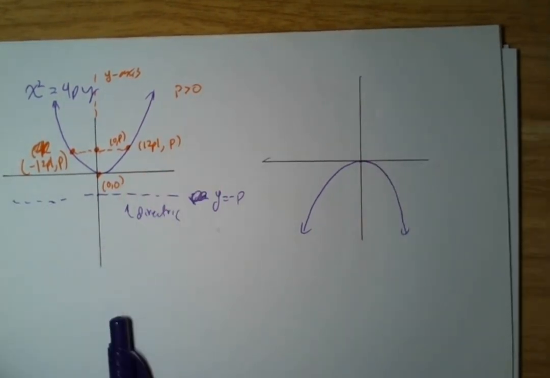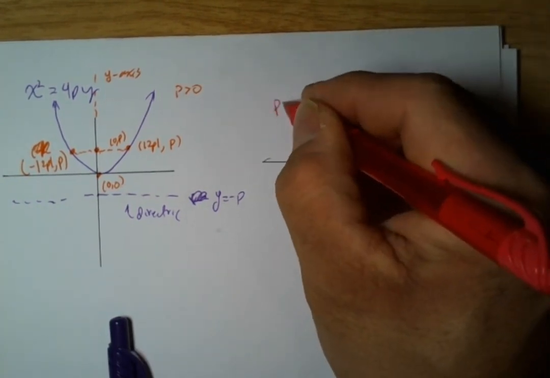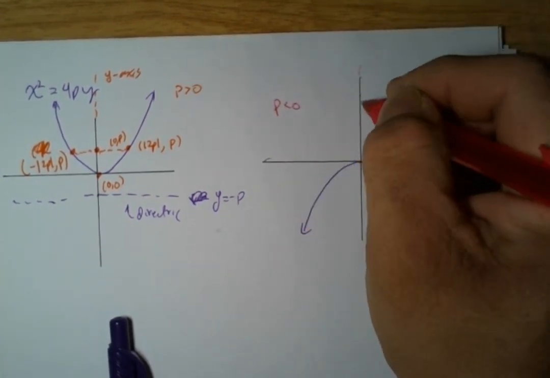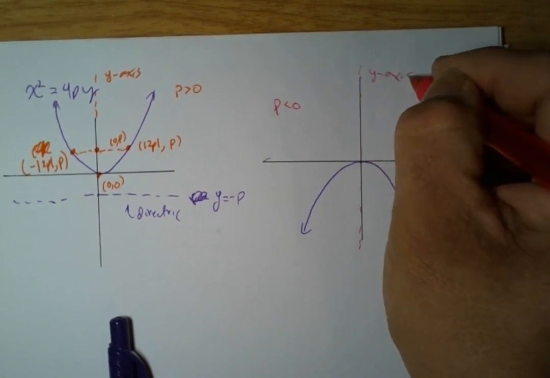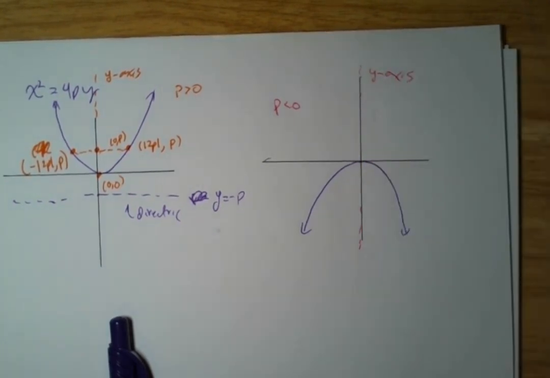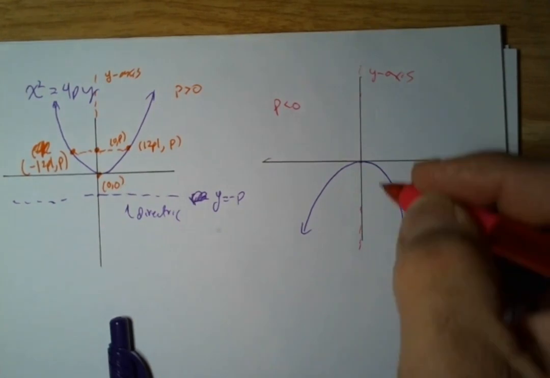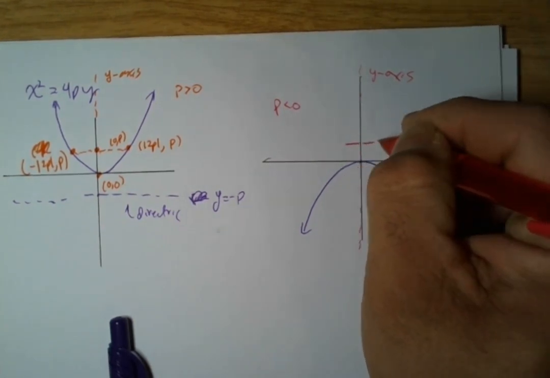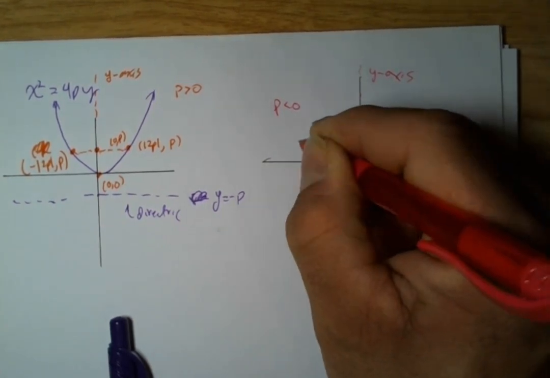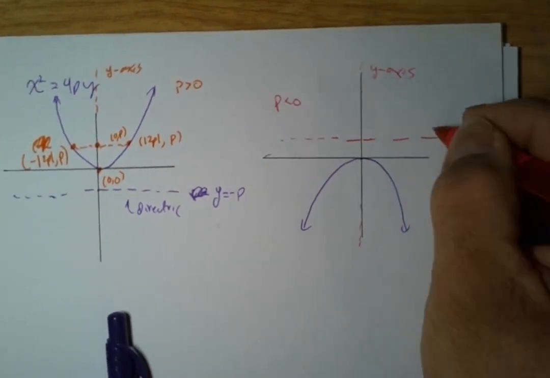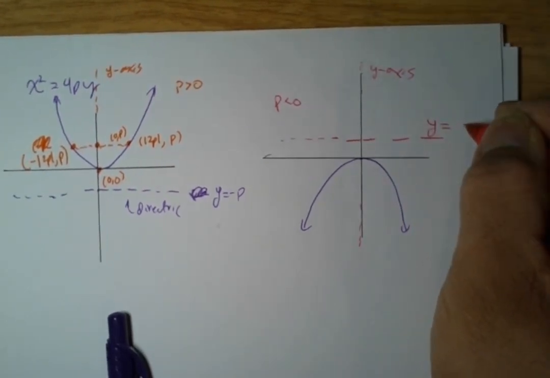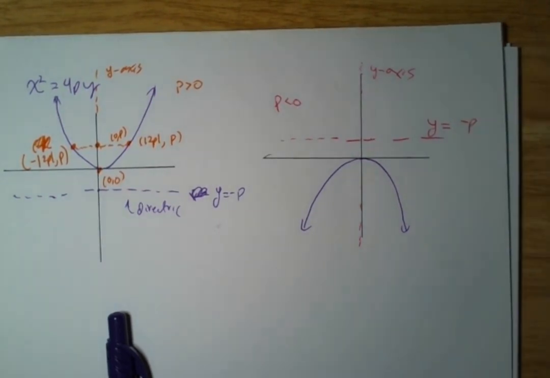For p less than 0, the axis of symmetry doesn't change, so we still have the y-axis as the axis of symmetry. What does flip is the positioning of the directrix. The directrix is now right above the parabola, with the equation y equals negative p.